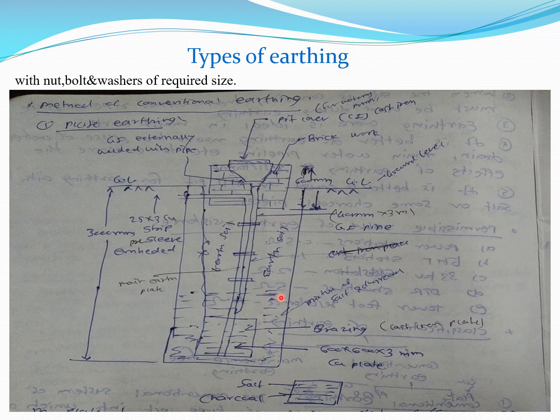In this earth soil, near the earth plate, there is a mixture of salt and charcoal, which is used to increase the conductivity. Then there is brazing of the cast iron plate, and this copper plate is of 600 by 600 by 3 size.